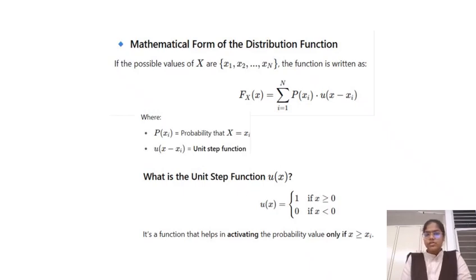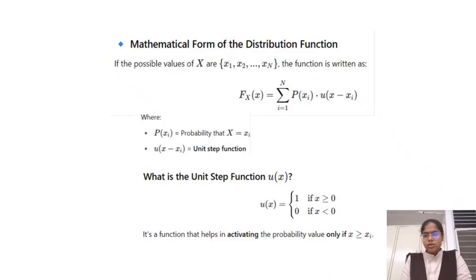F_X(x) equals the sum from i equals 1 to n of P of xi times u of (x minus xi), where P of xi is the probability that capital X equals small xi. Capital X is the random variable and small xi is the event in a random variable. u of (x minus xi) is the unit step function.